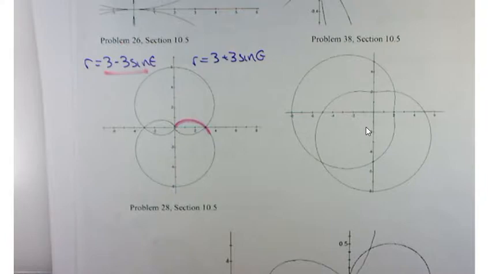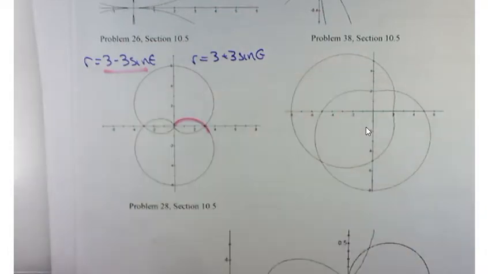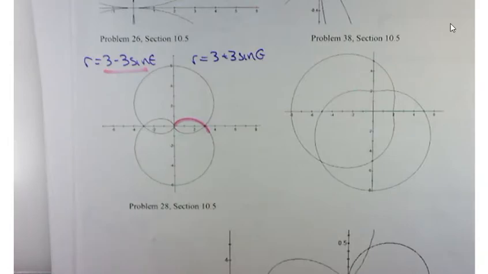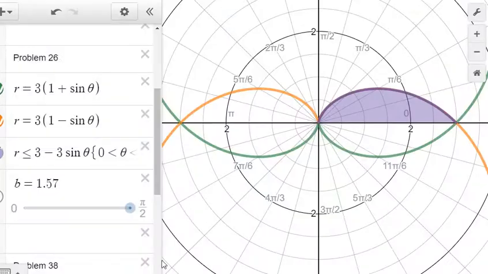Let me just double check that. I'll think through this one. At 270 degrees, no. No, it's going to be this one. That one's going to be the one that faces down. Is that right? Let's just double check that. It's getting late at night for your instructor too.